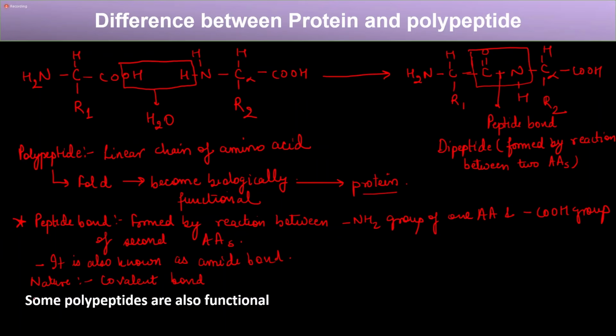But does it mean that all polypeptides are non-functional? No. Some polypeptides are also biologically functional, and one such example is growth hormone. So certain polypeptides that are linear chains are also functional, and the example is growth hormone.